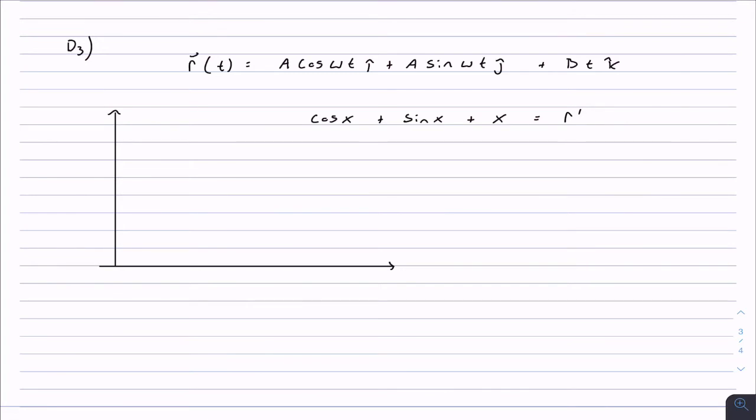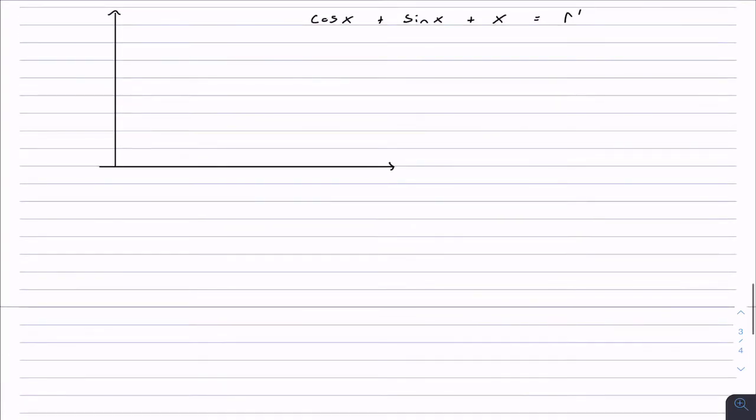What's going to happen is that cosine x plus sine x is going to be a circle. If we plot sine x here and cosine x here, with y and x, we're going to end up getting a continuous circle for all values of x. That's what's going to happen in a 2-dimensional plane.